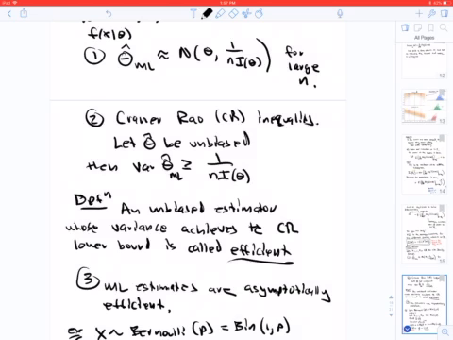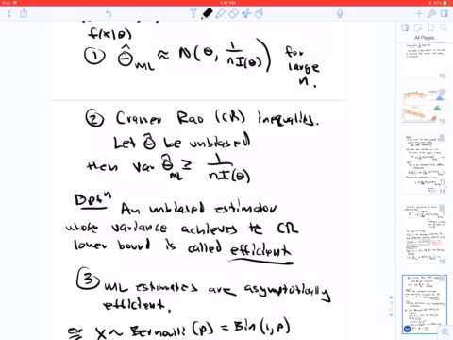And secondly, we have something called the Cramér-Rao inequality, which tells you that the variance of your ML estimator is greater than or equal to 1 over n times the Fisher information.